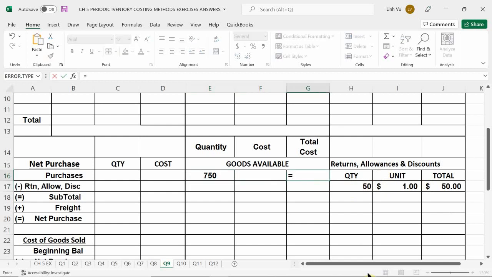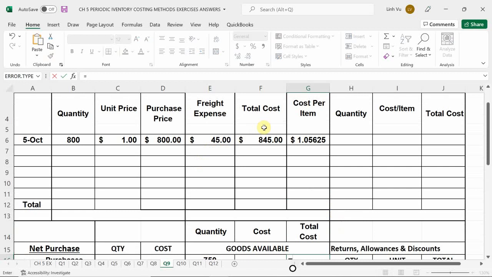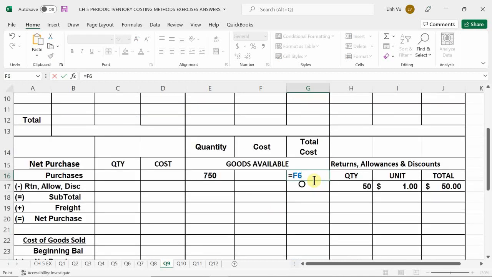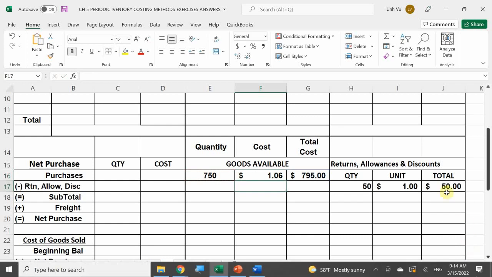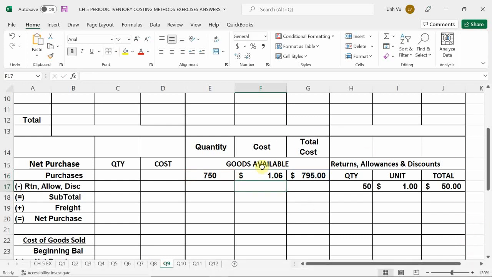It cost me $845, but I end up getting a refund for 50, so I'm at $795. And I'll go ahead and solve this for you. I'm still at $1.06. Now here's the question.